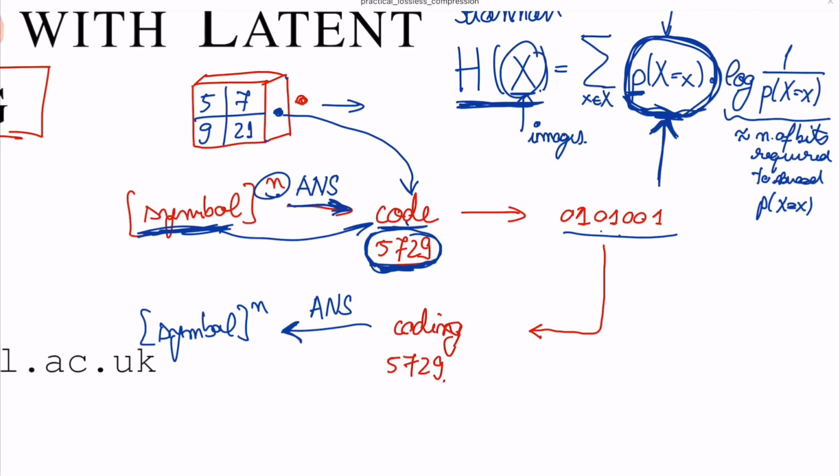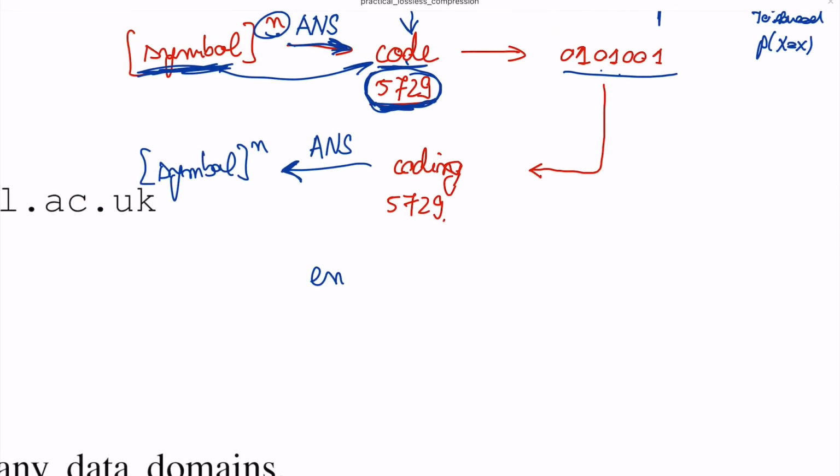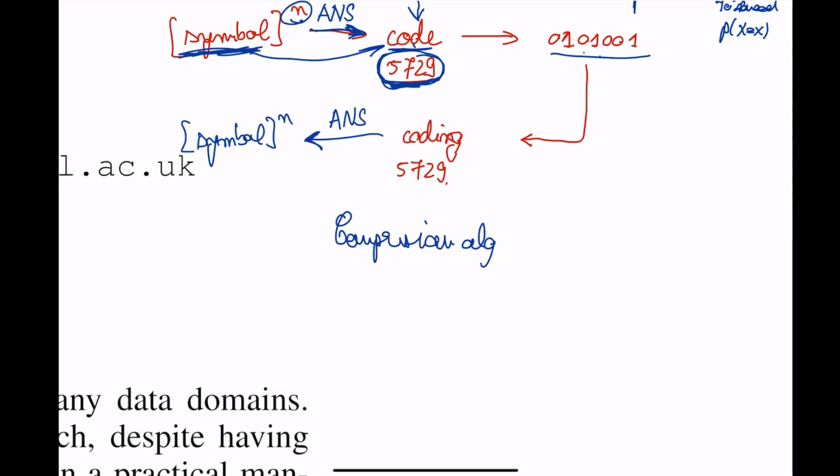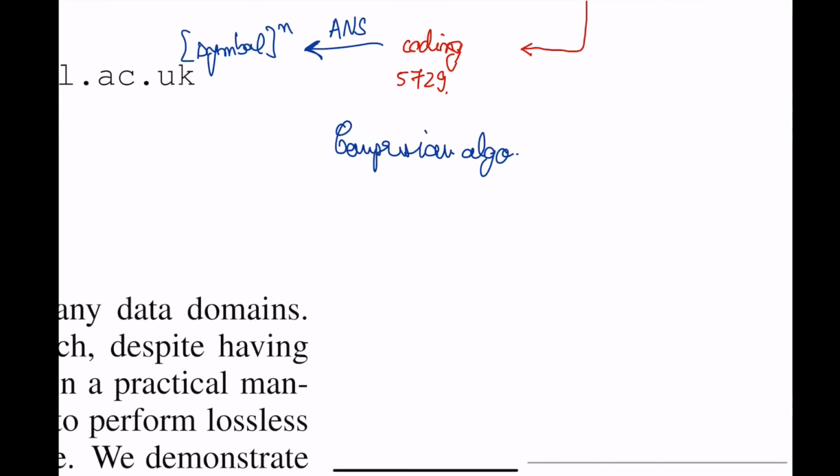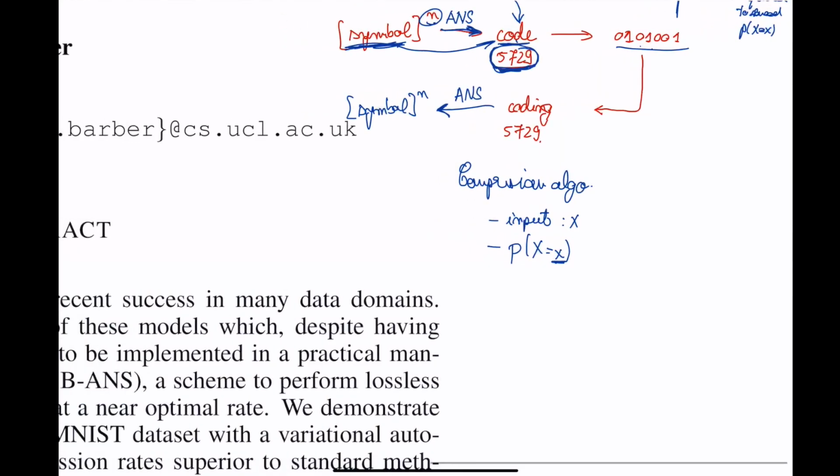But the point being, a compression algorithm requires two things. It requires the input, so for example, an image, and it requires the probability distribution, what's the probability of this image? The question is why?